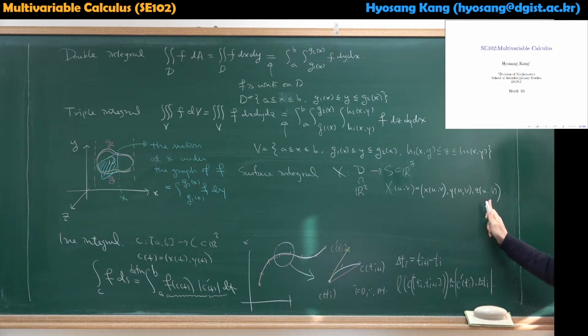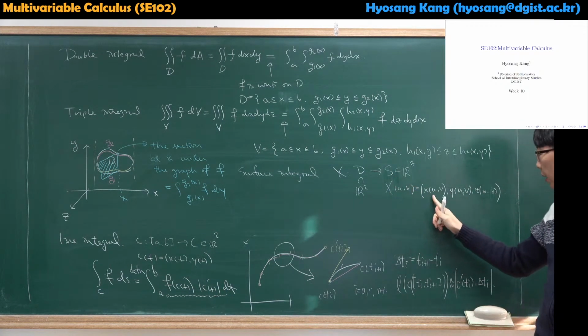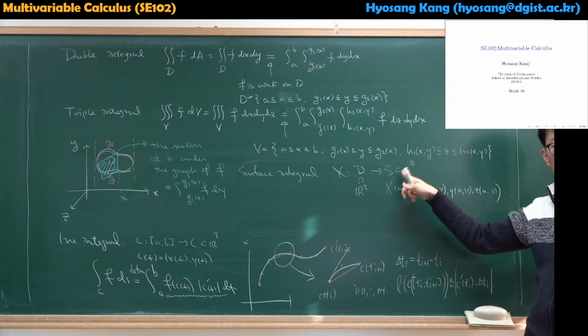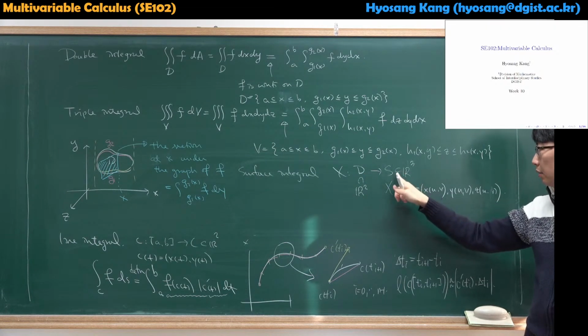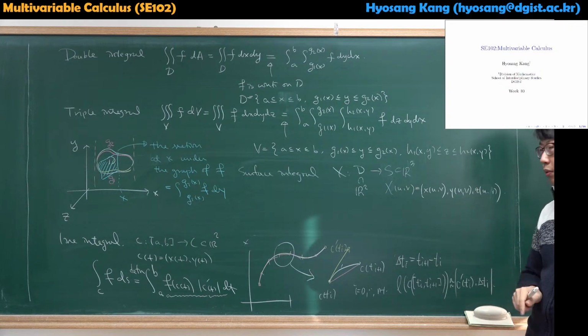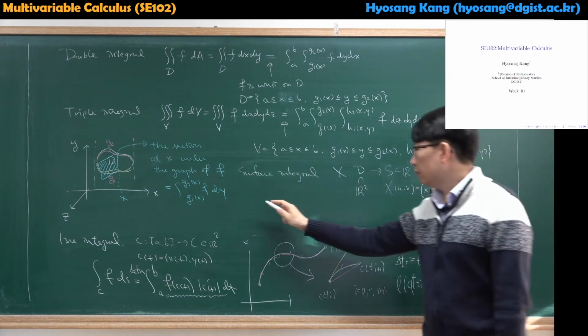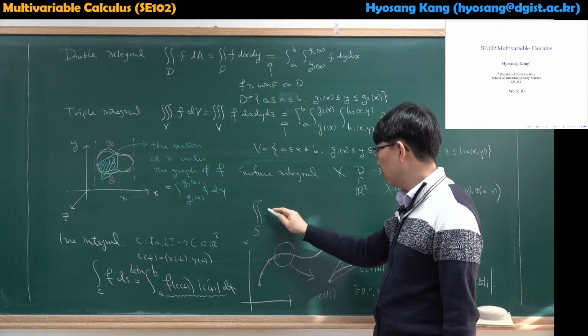So you need three coordinates to identify the points inside three-dimensional space. But each coordinate depends on only two variables because this is a two-dimensional surface. So you only need two variables to fully understand what the coordinates are. So here are the x, y, z coordinate functions. The surface integral is denoted by two integral signs and S of f.